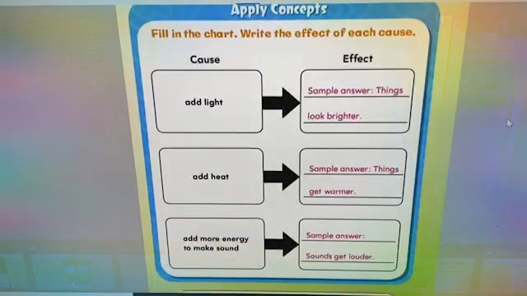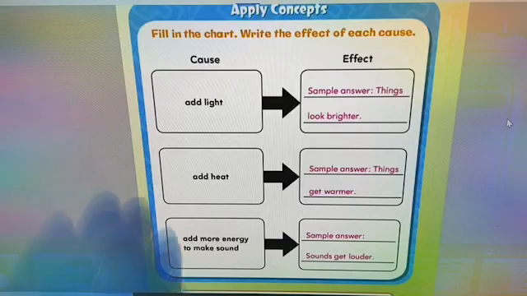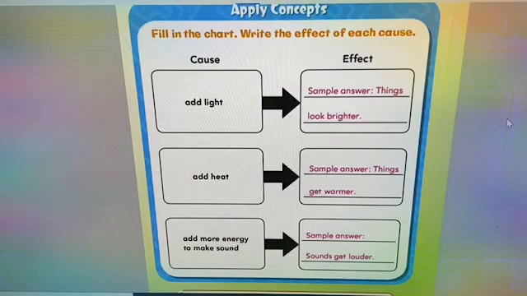If you are adding light, things can look brighter, or colors can look clear. You can say anything. So things look definitely bright and everything you can see clear. What about if you are adding heat? Things get warmer. Definitely, whenever you are adding heat, things get warmer.